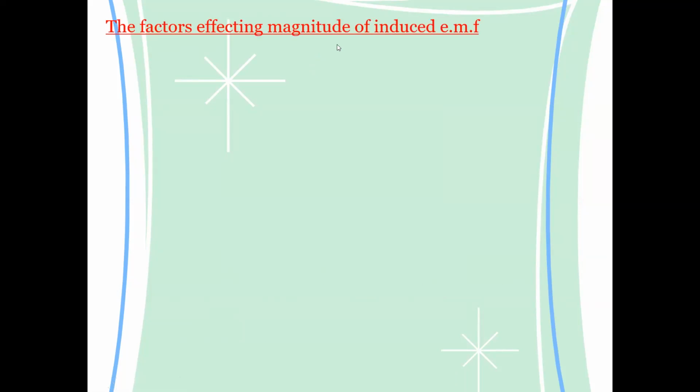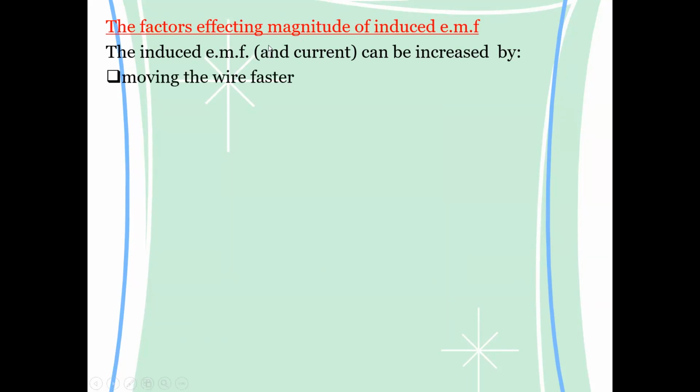The factors which affect the magnitude or amount of induced EMF: number one, the induced EMF can be increased by moving the wire faster. If I move the wire faster, it will produce greater EMF. Second, using stronger magnets, magnets with greater strength, the induced EMF will also increase.